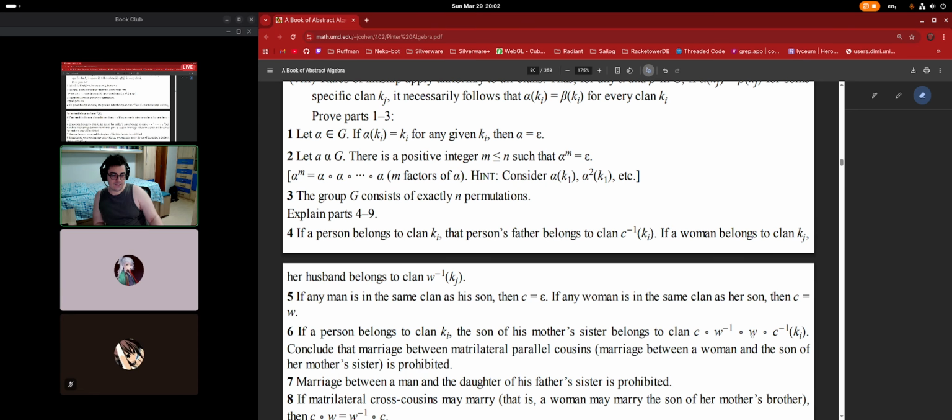So if C and W were swapped in here, then what is this? You see what I'm saying? This doesn't commute. Yeah, because the child of the husband of the wife of the father is not the same as.